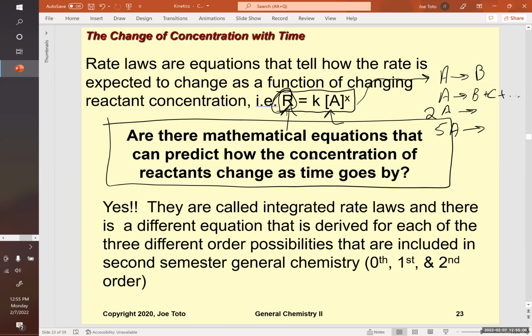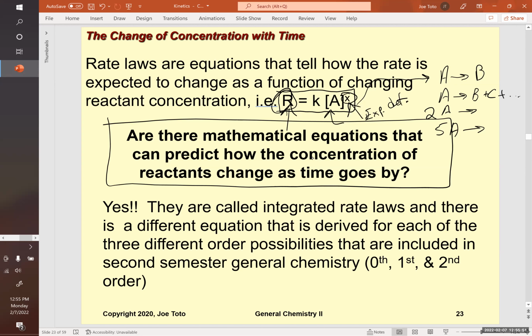That stoichiometric coefficient is important when you're relating the rates of consumption and production of any of the products and reactants. But for the rate law, this power dependency, X, doesn't necessarily relate to that stoichiometric coefficient. It has to be found experimentally.